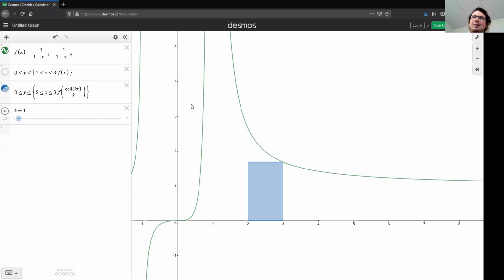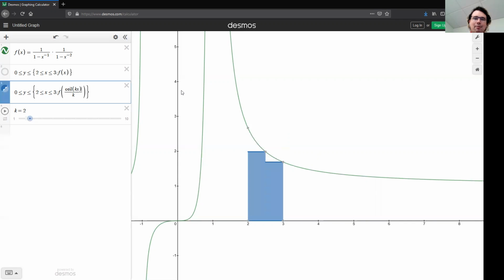And I was saying last time that I can get better approximations for this area by using more rectangles, by using 2 rectangles instead of 1. I have less error here. Less is missing from the actual area I'm interested in.